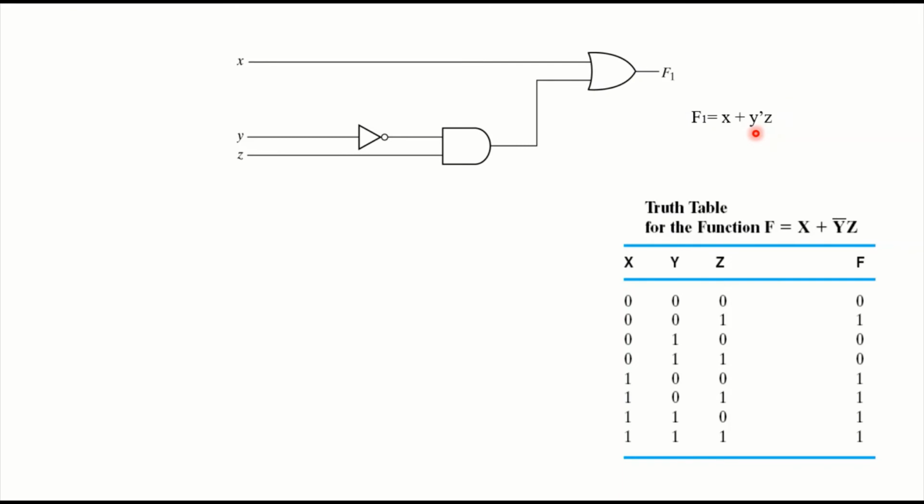So we can see from here in the truth table, this y is 0 and z is 1, and we are getting 1 at the output. Here also y is 0 and z is 1, we are getting 1 over here. Or here we also have x equal to 1, so we are getting 1 over here. In this way we can also draw the truth table using logic.